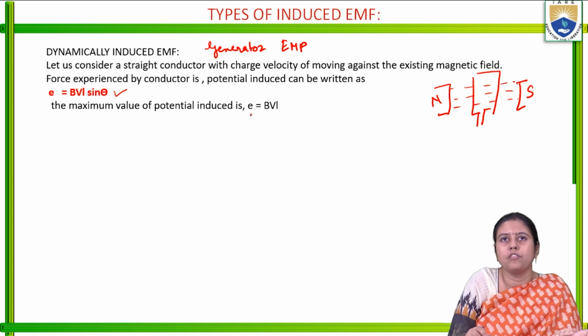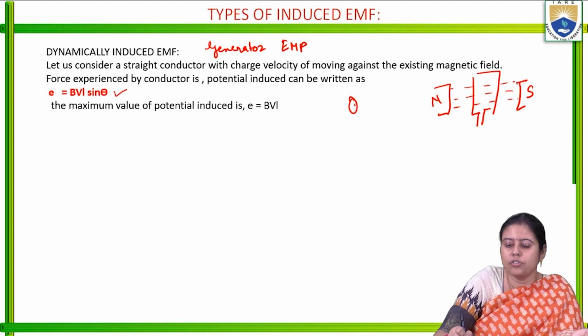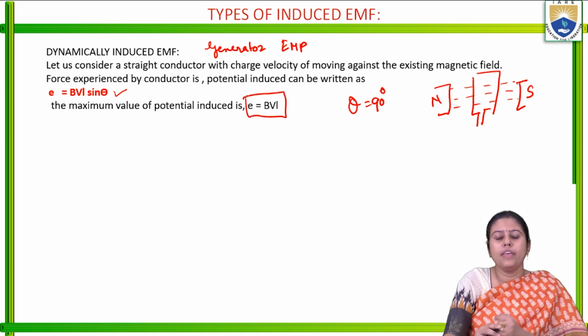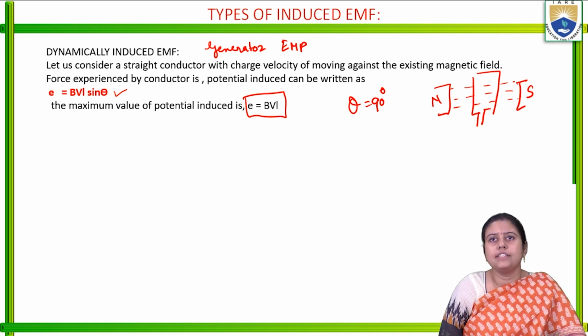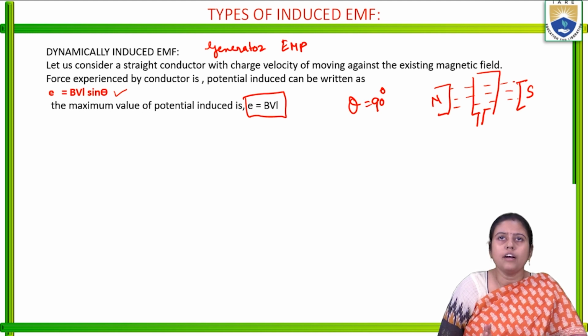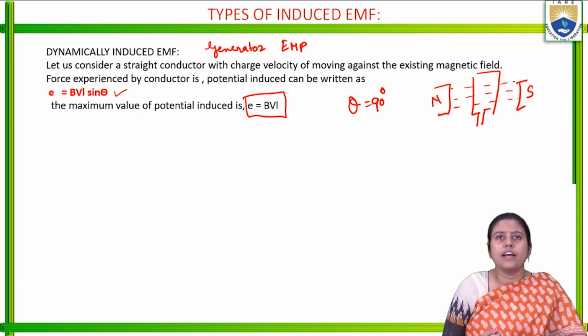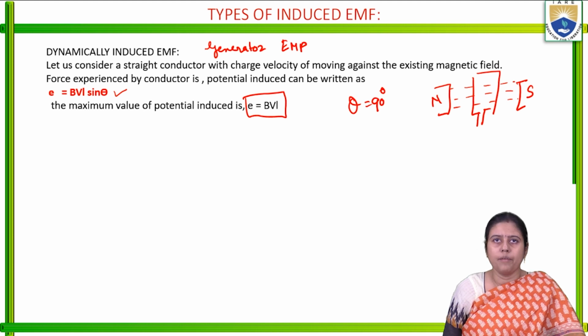The maximum value of the potential is E when theta is equal to 90 degrees, and the value will come E is equal to BVL, where B is the flux density, V is the velocity, L is the length of the conductor. And how can we get this? E is equal to d phi by dt, and if we put in the values step by step, we will get the value of the EMF.